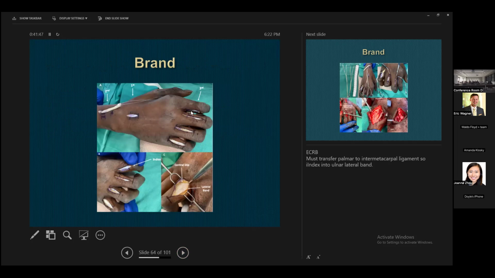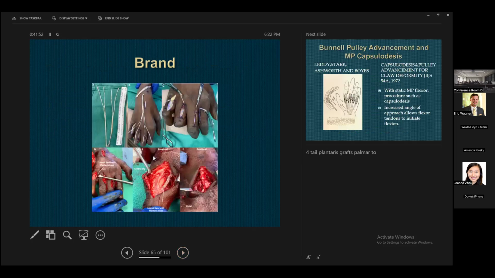Here's an ulnar incision on the index, and then you take a plantaris tendon and make a four-tailed graft, pass those palmar to the intermetacarpal ligaments, secure them distally, and set the tension proximally using the wrist motor.